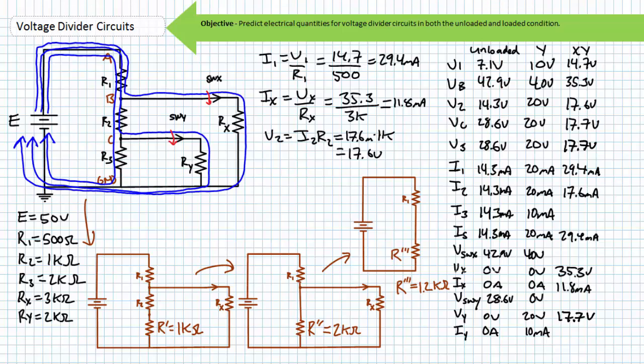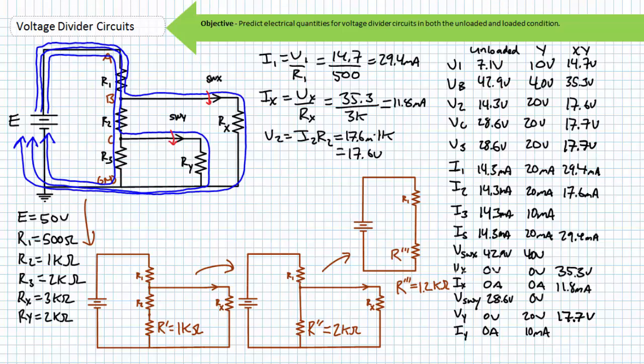If at node C, 17.6 milliamperes of current enters the parallel combination of R3 and Ry, we can use either Ohm's law or the current divider rule to determine how the 17.6 milliamperes of current divides between R3 and load resistor Ry.